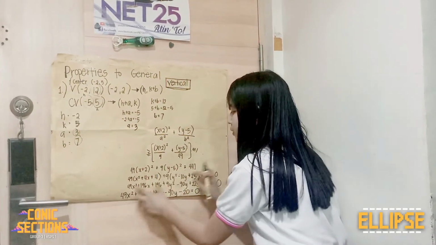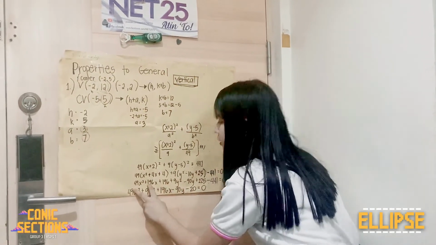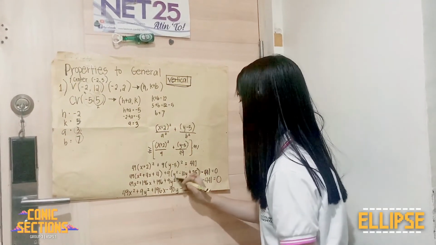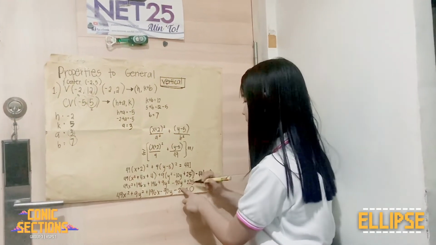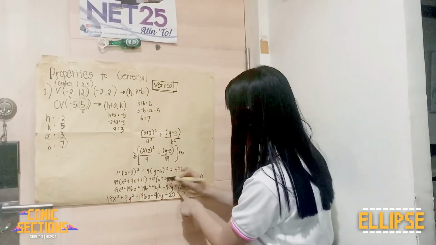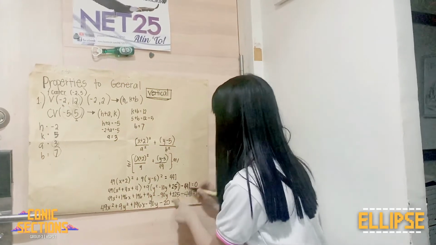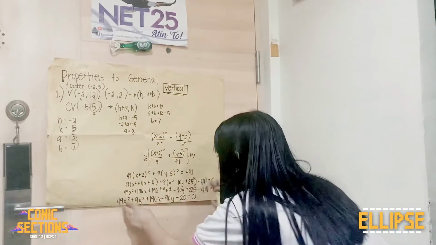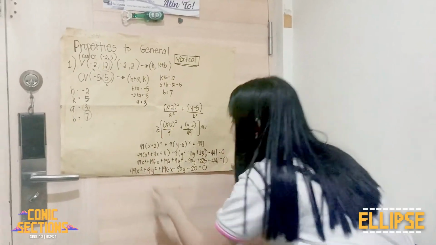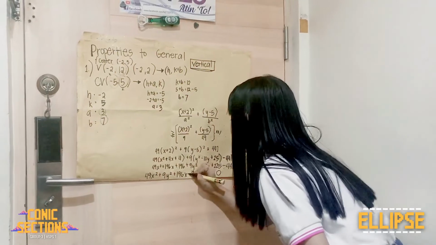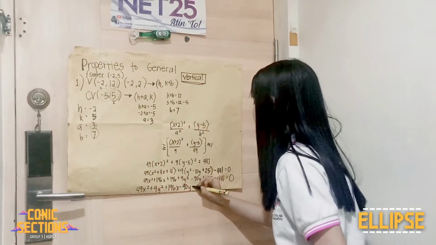So we have to group them together with the same variable. 49x squared plus 196x plus 196 plus 9y squared minus 90y plus 225 minus 441. For the general equation, we will get 49x squared plus 9y squared plus 196x minus 90y minus 20.